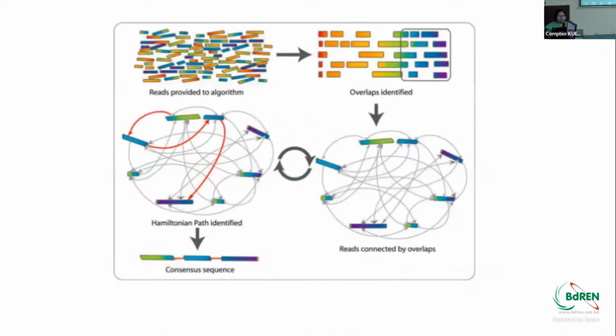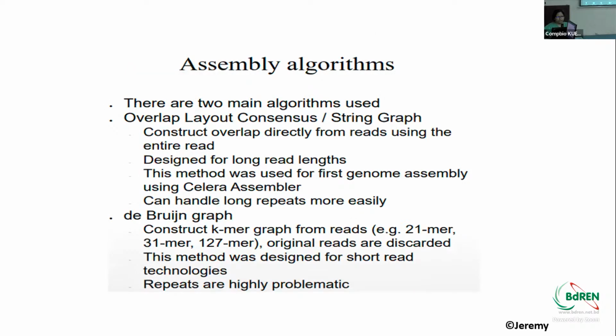But it has two types of algorithm actually. One is called overlap layout consensus, or OLC, and the other is the de Bruijn graph.